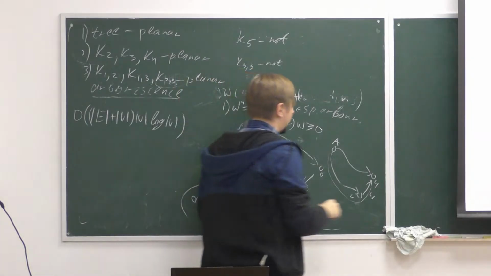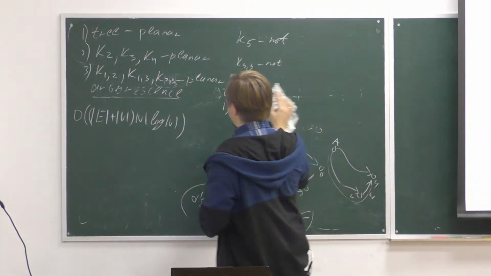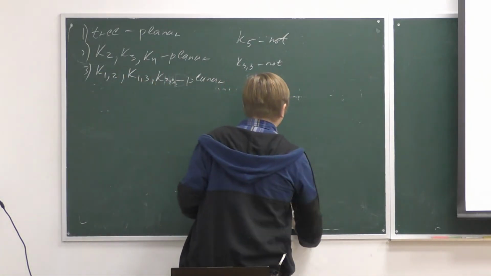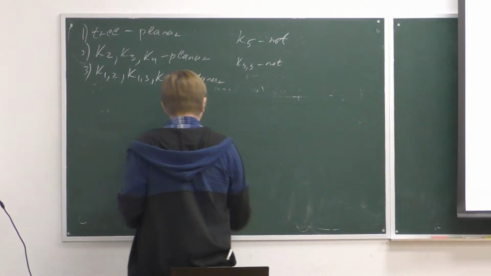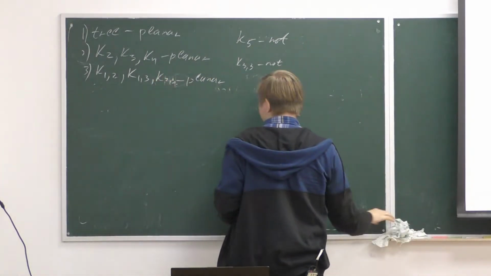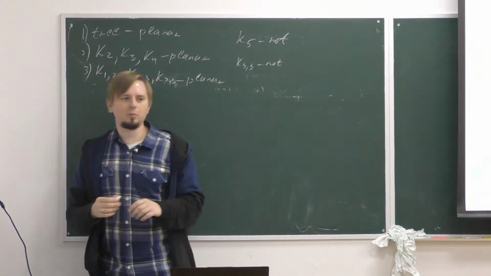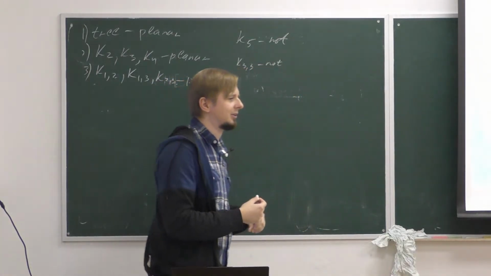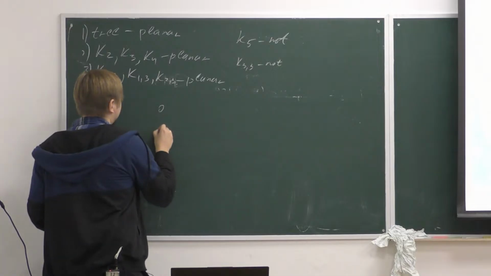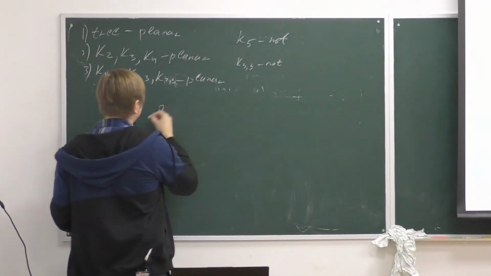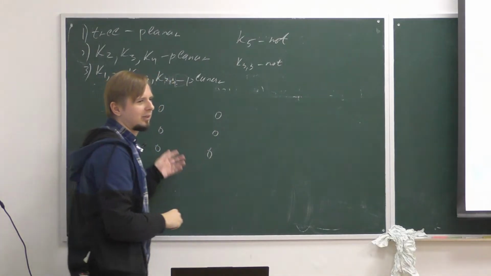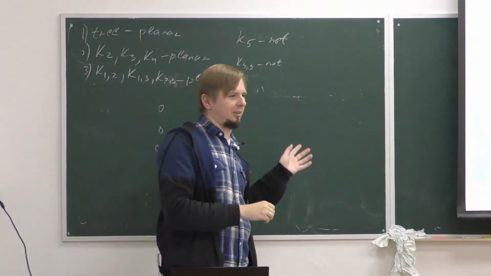By the way, K3 is a very famous task about villagers. For example, we can reformulate it in terms of villagers and supermarkets. We have 3 villagers' houses and 3 supermarkets, and the villagers hate each other.